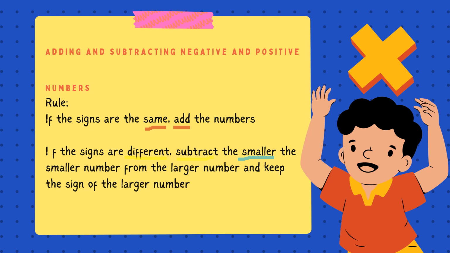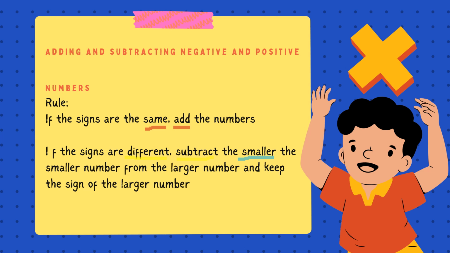Another tip that I will give, especially when you're practicing math: write. You need to write, okay? The more you write, the more it's lodged into your brain. So get your pens out and write this. If the signs are the same, you add the numbers.